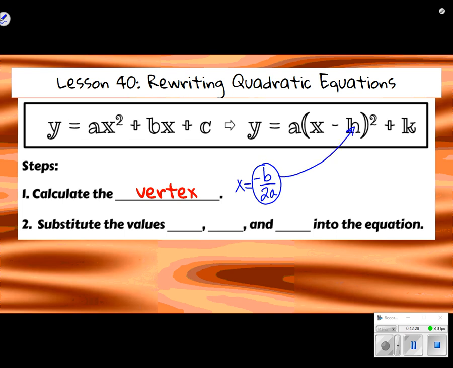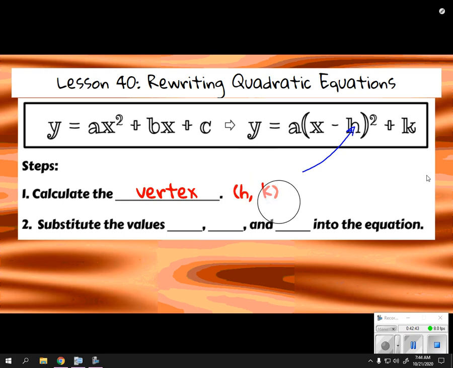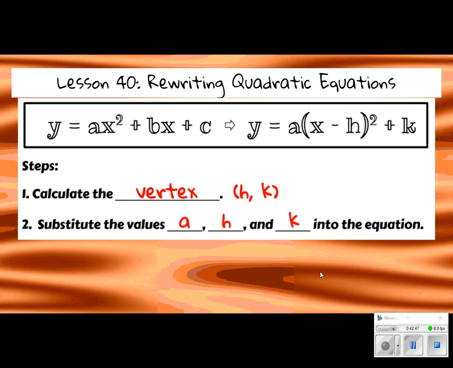Then you need to get the y part of the vertex, and you get that by plugging in the -b over 2a back into the original form. And once you have that, you're going to actually substitute the values for A, H, and K. Now, the A piece, you don't have to do any work. You get to steal.